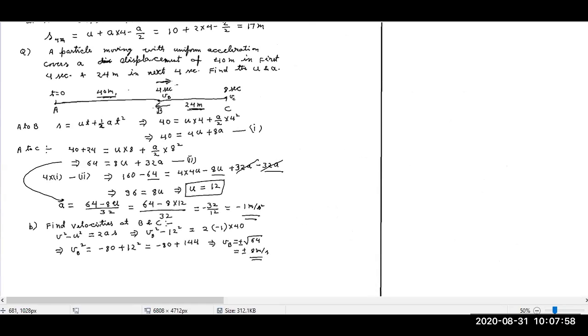So why is it coming backward? You can notice that here velocity was 12 meter per second. As it is moving forward, its velocity has decreased because of the negative acceleration.